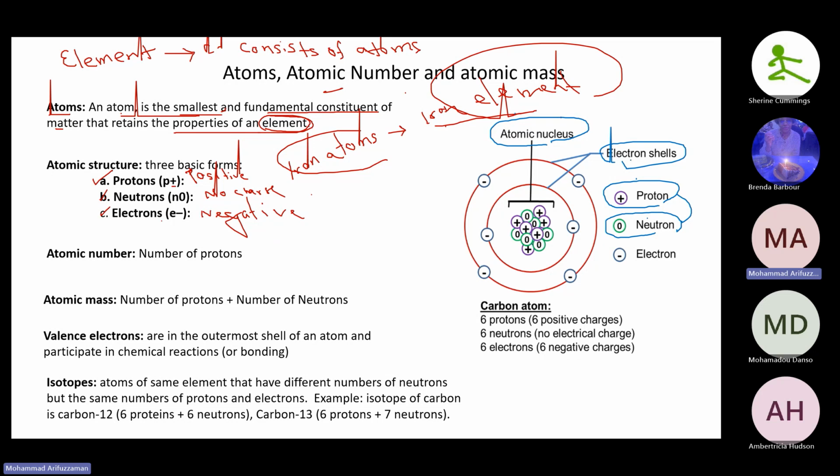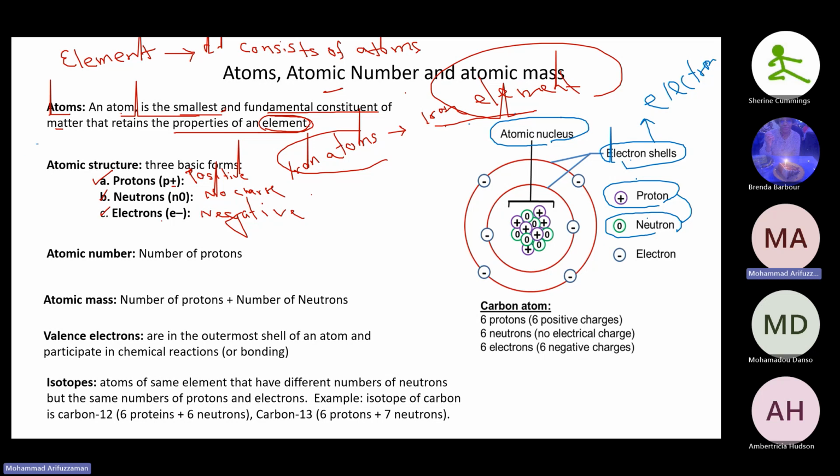So this is called the electron shell, and the electron shell carries electrons. So what is the electron shell? The electron shell carries the electrons, and that looks like an orbit around the nucleus. So that is the electron shell, and the atomic nucleus contains the proton and neutron.